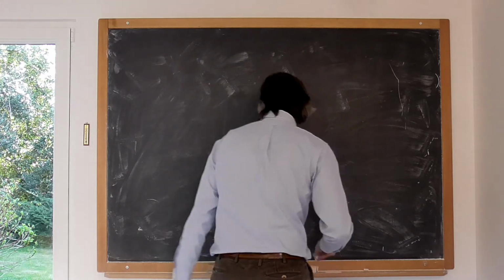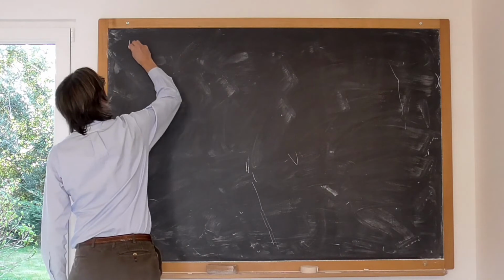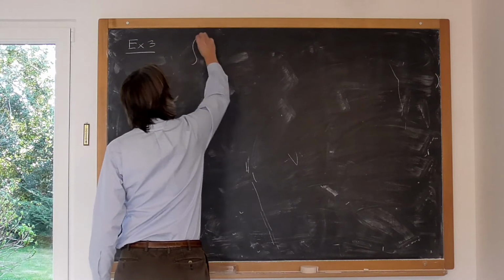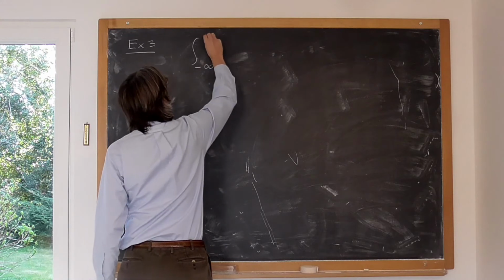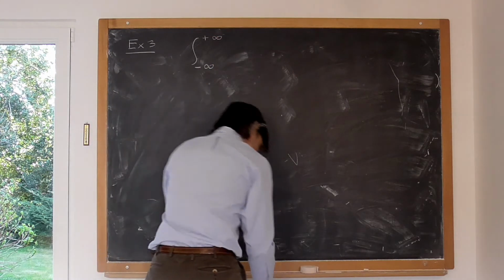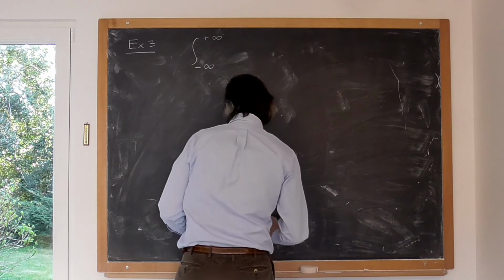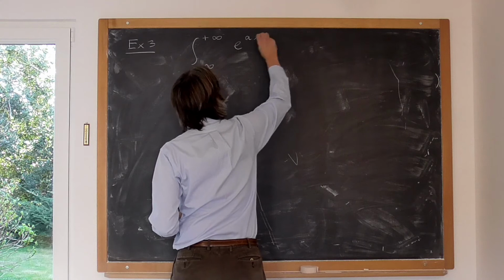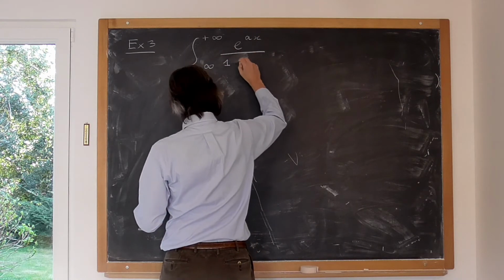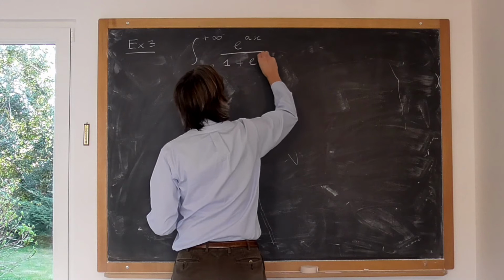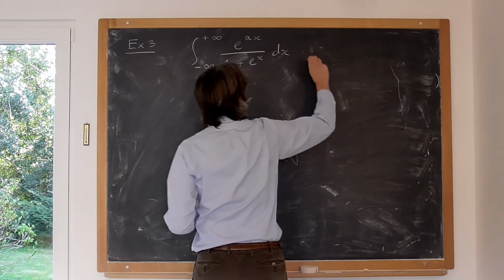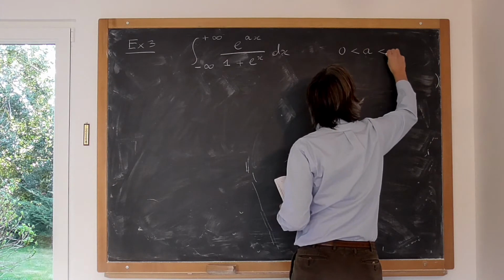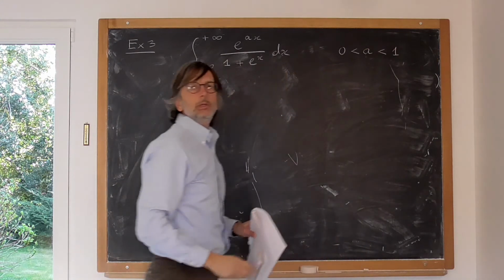And a similar case is if you want to compute, so this is example 3, we would like to compute the integral from minus infinity to plus infinity of e to the ax divided by 1 plus e to the x dx, where a is a real number and it's strictly between 0 and 1.